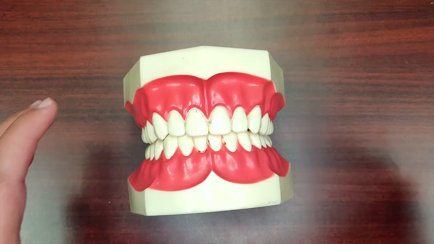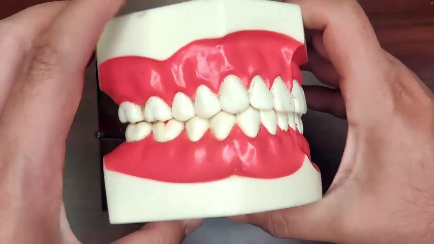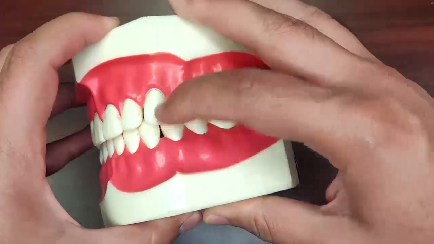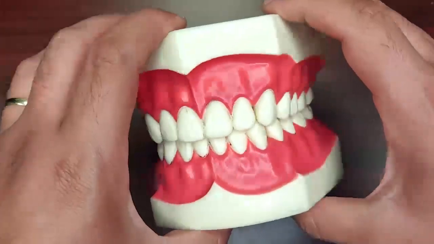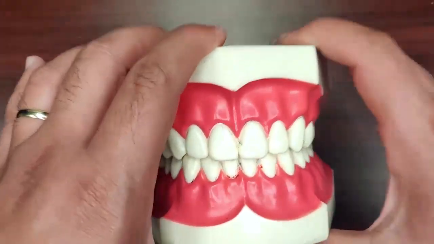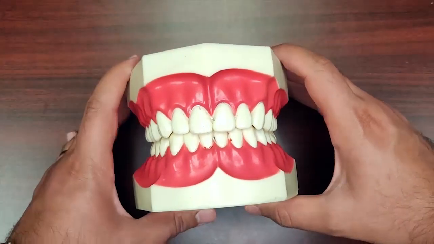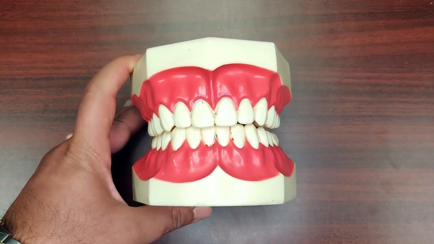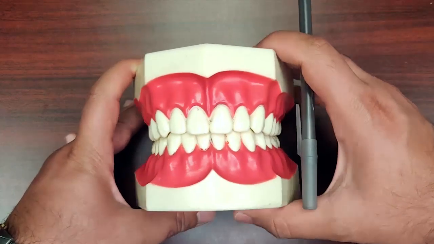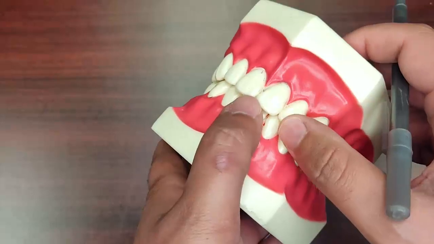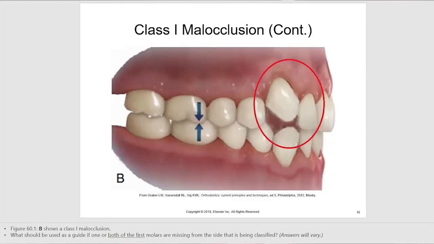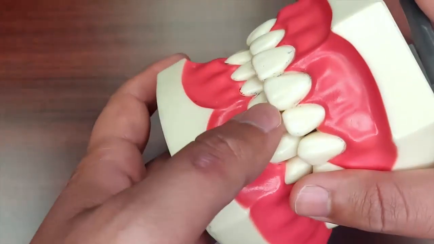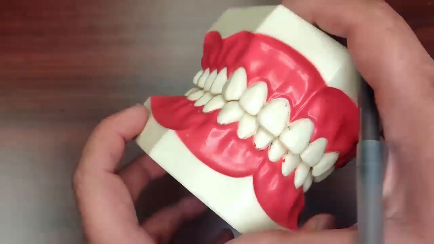Now, moving into class 1 malocclusion, in terms of the molar relation and the canine relation, it's very similar to the normal occlusion. What makes it a malocclusion in a class 1 is the line of occlusion. There is an altered or irregular situation happening, either to an individual tooth or an interarch problem. In an individual tooth, you can find irregularities like crowding of teeth, spacing, and other localized tooth problems.